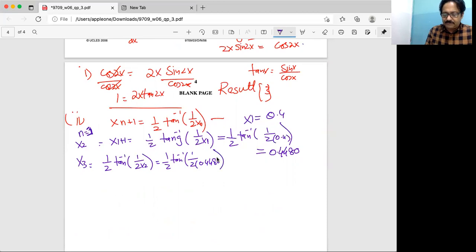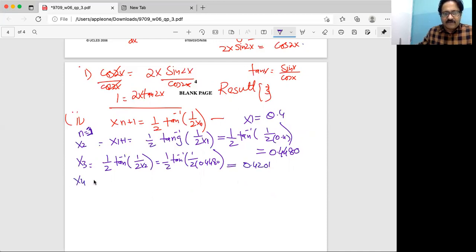So the result comes: 0.5 times tan inverse, fraction 1 divided by 2 times 0.4480, and that is the result, which is 0.4201. Yes, I'm getting 0.4201 here.